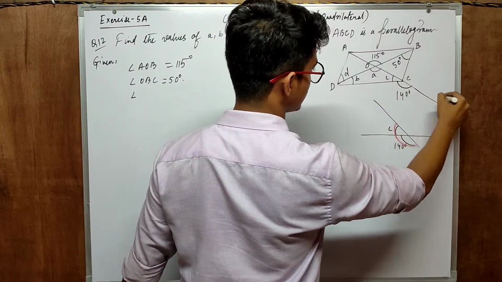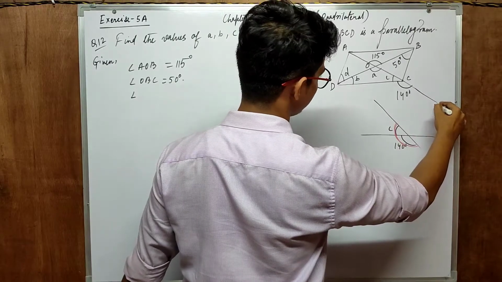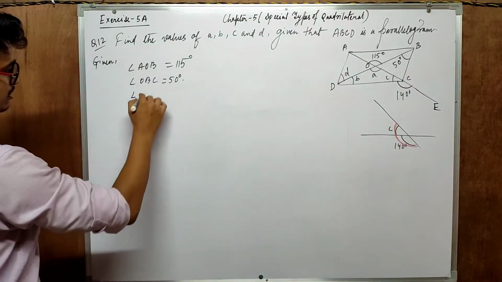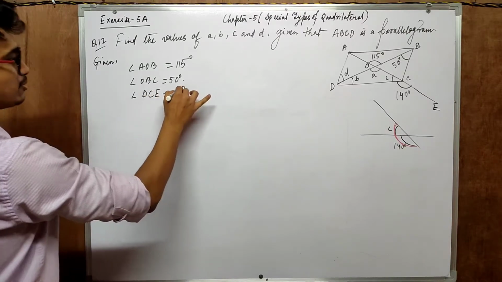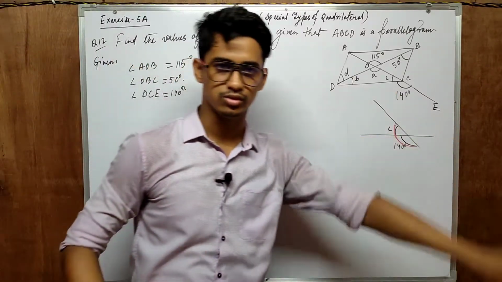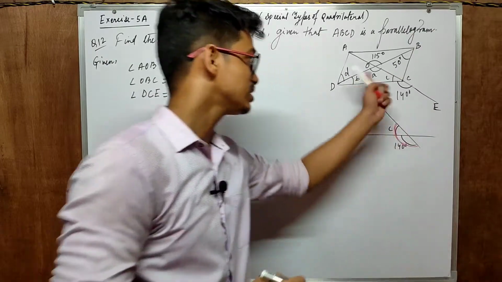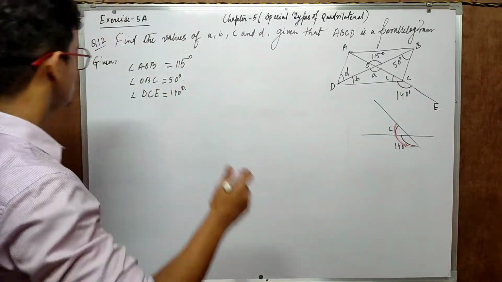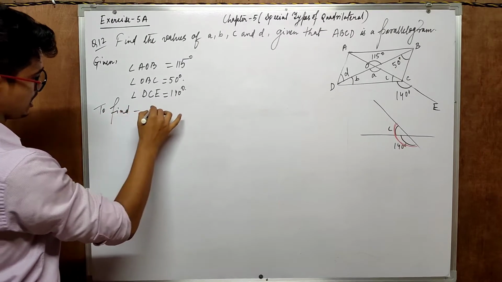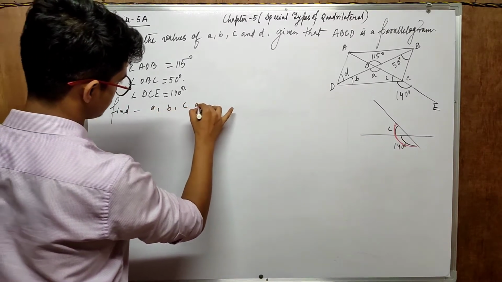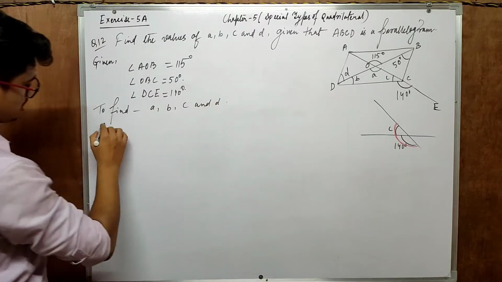And let me create one more point, say E. So DCE equals 140 degrees. Hypothetically, I have named these points. So then to find A, B, C and D, solution.